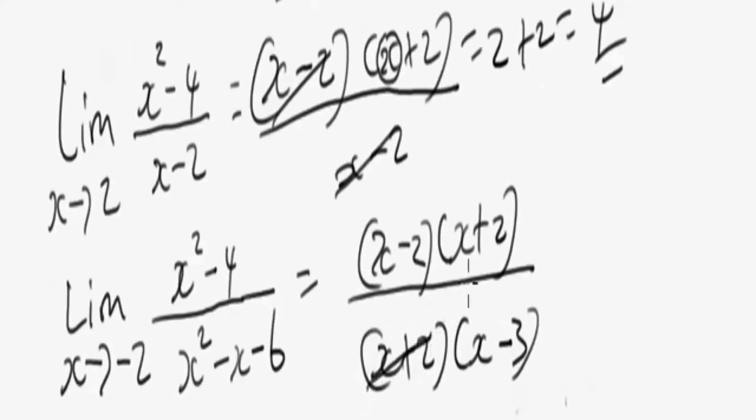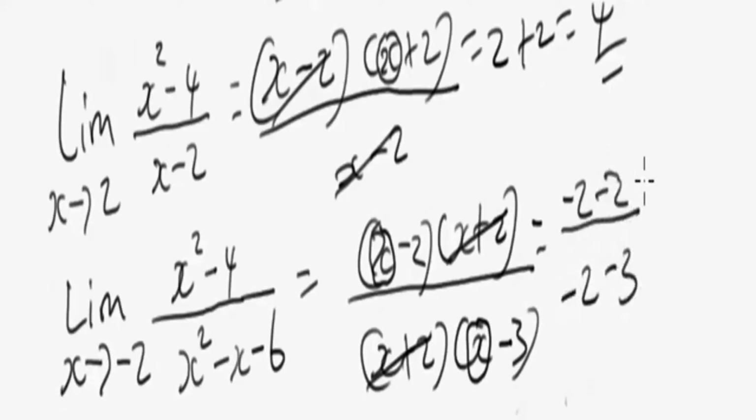So this can cancel out, and you'll be left with (x minus 2) over (x minus 3). So you plug in negative 2 respectively. You're going to have minus 2 minus 2 over minus 2 minus 3, so you're going to have minus 4 over minus 5. The negatives cancel each other, so the final answer will be 4 over 5. So it's as simple as that, guys.